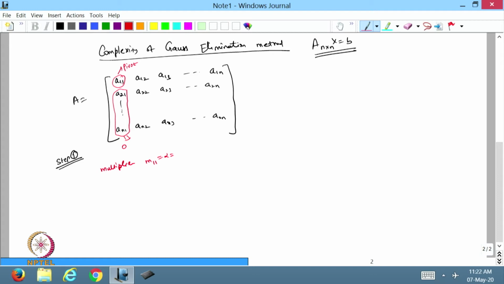That multiplier will be minus a21 by a11, because I want to make this element 0 first. So, I divide the whole row by a11 and multiply by a21 with the negative sign.